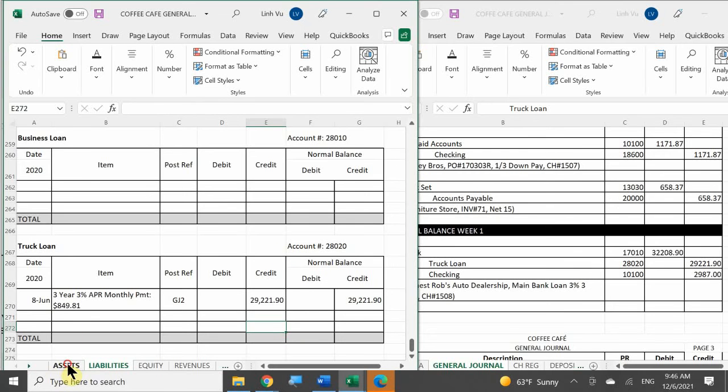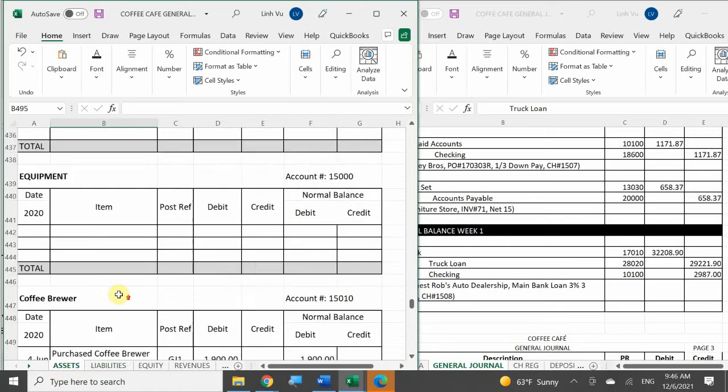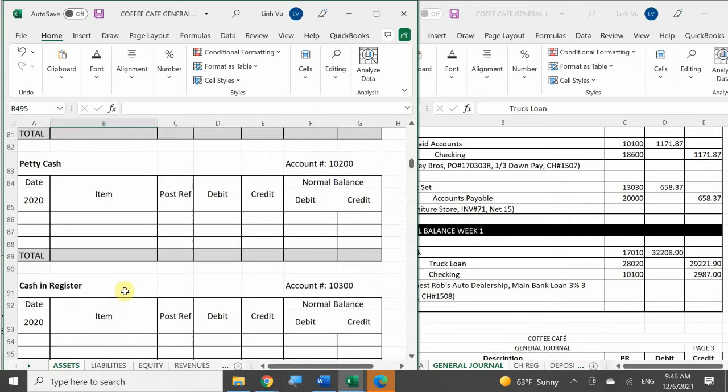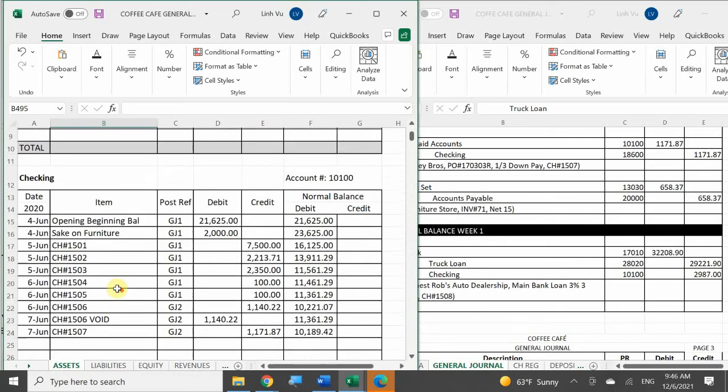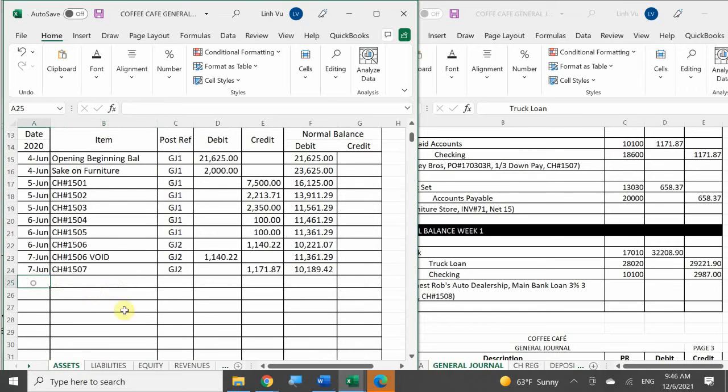And of course, last thing that we did in here was we made a down payment. So in this case, we have the 8th, check number 1508, general journal number 2, and this time we credited our cash account for $2,978.